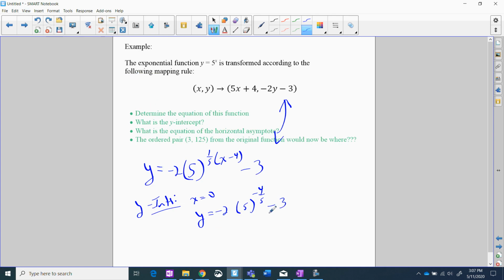Okay, so if I just put this in my calculator, -2, 5 is your base, with the exponent -4/5. Make sure if your exponent is a fraction, put it in brackets. And then subtract 3. -3.552. So y is -3.552.